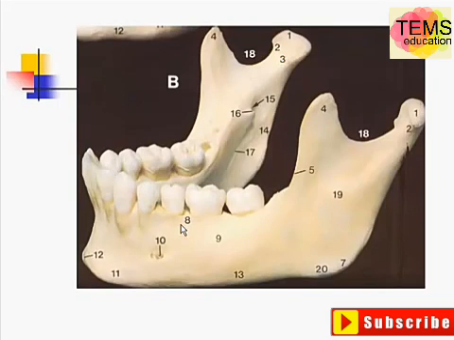Okay, see if you can identify these areas of the mandible. Okay, let me give you a little time. 1 would be the condyle. 2 is the neck of the condyle. 3 is called the pterygoid fovea, which is basically just a triangular depression where a muscle attaches.